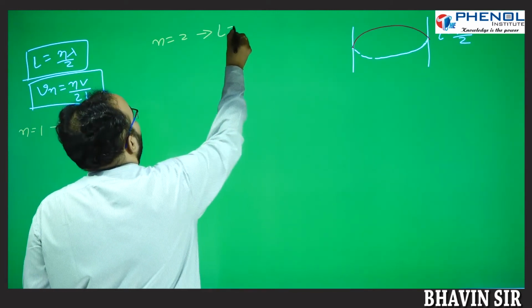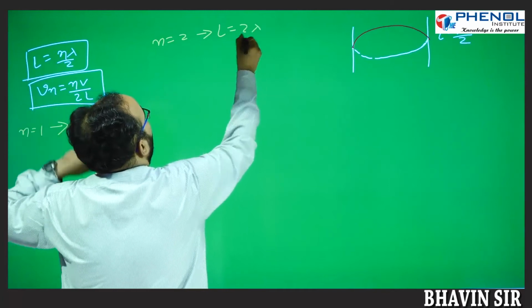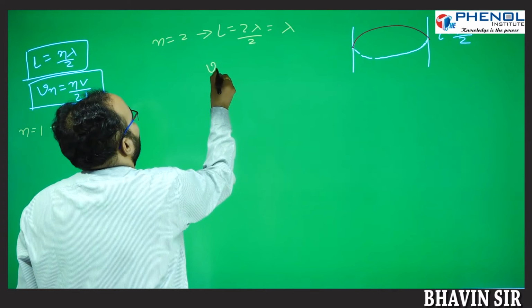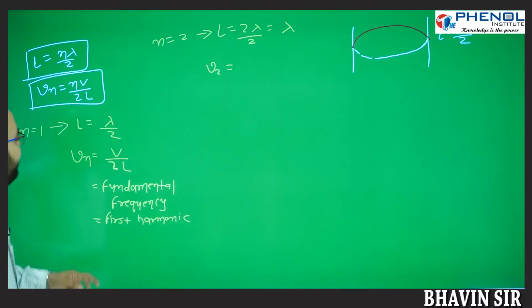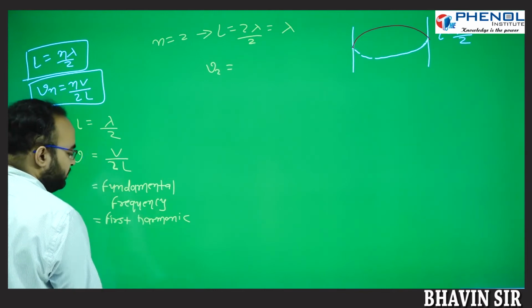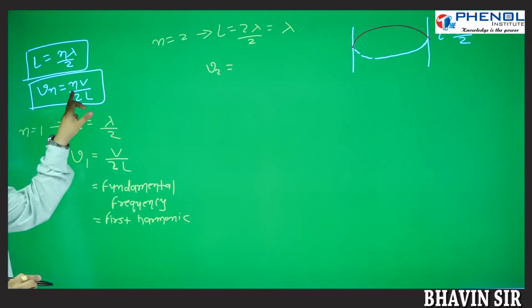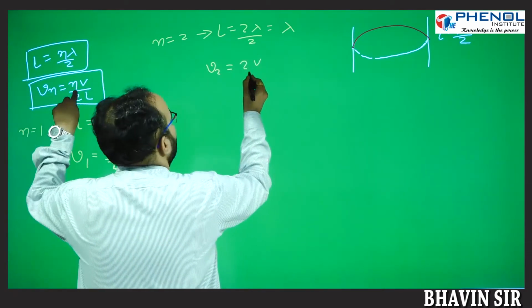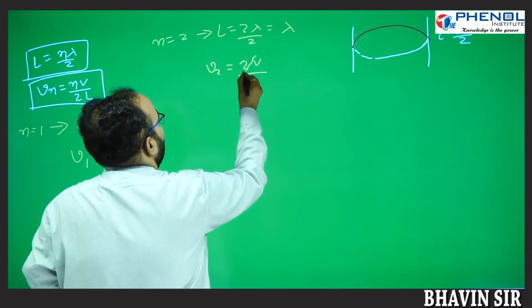First, what is the length? n lambda by 2, but n is 2, so the length is lambda, a complete wavelength. Earlier n was 1; now n equals 2, so the frequency is 2v by 2L.